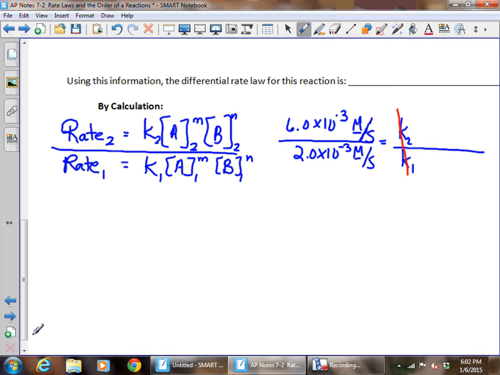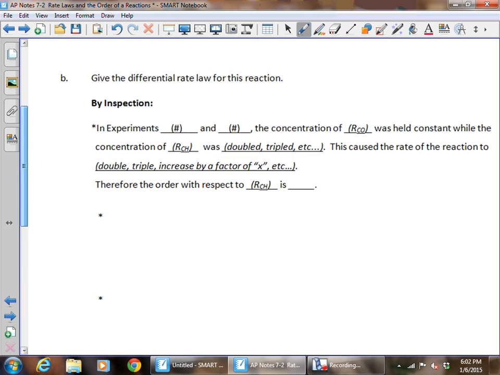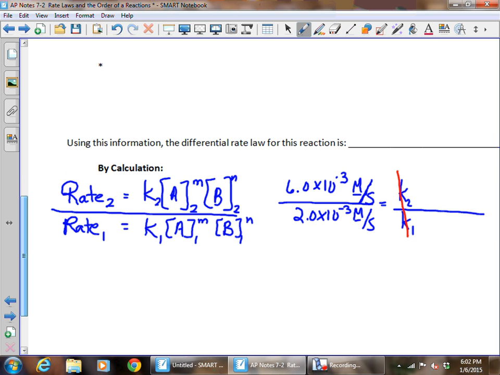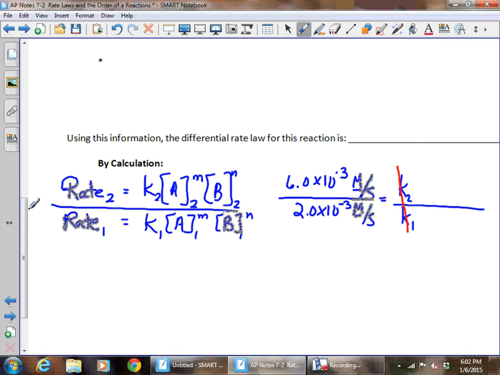And we had to use a situation where A stayed the same. So in this case, if you look back up at the top, the A value was 0.10 molar. So 0.1 molar to the m and 0.1 molar to the m.